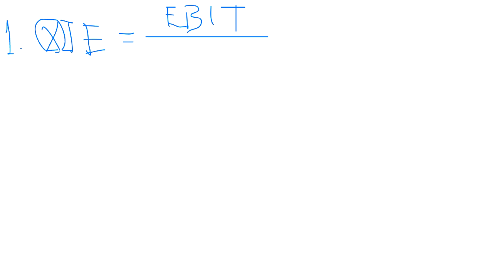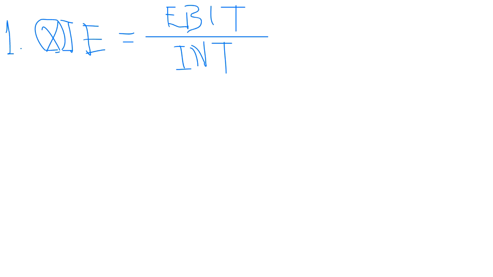So if you have earned just enough to pay for interest, then the EBIT is the same as interest, and in that case, this ratio will be just 1, right? Of course, you don't want this ratio to be just one. It should be greater than one. Not just greater than one, it should be many times.